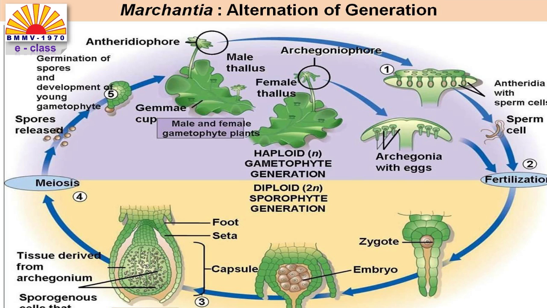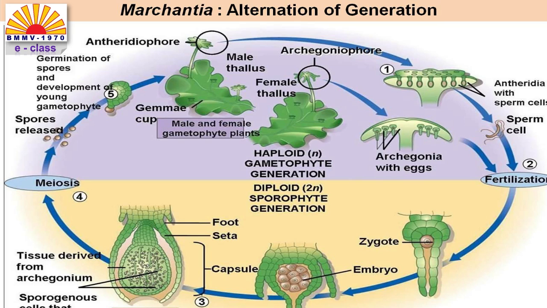The Marchantia sporophyte is represented by a foot, the seta, and a capsule. The capsule contains spore mother cells. The spore mother cells will undergo meiosis to produce haploid spores. These haploid spores on germination directly produce the gametophyte.